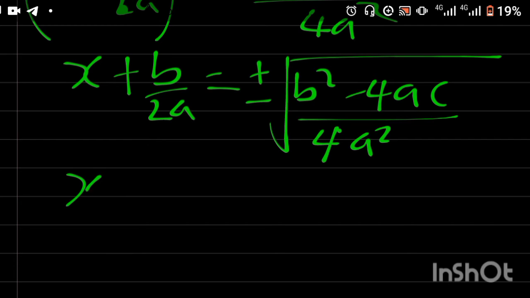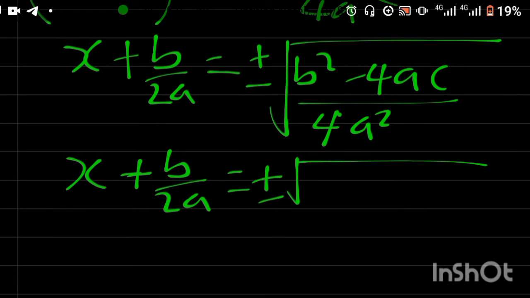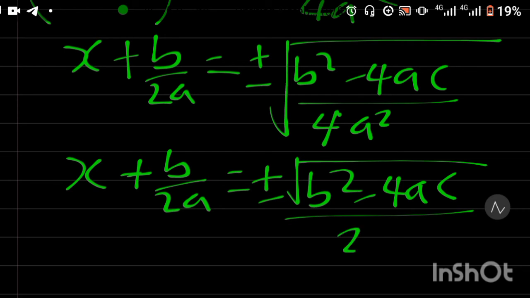Therefore, we have x plus b over 2a is equal to plus or minus square root of b squared minus 4ac all over the square root of 4a squared, which is actually 2a.